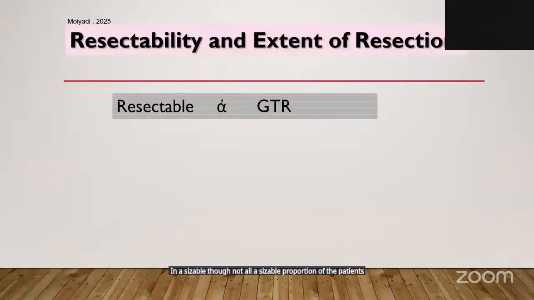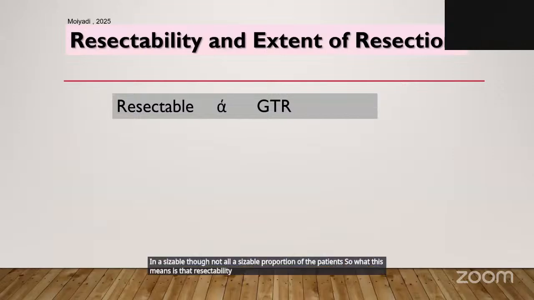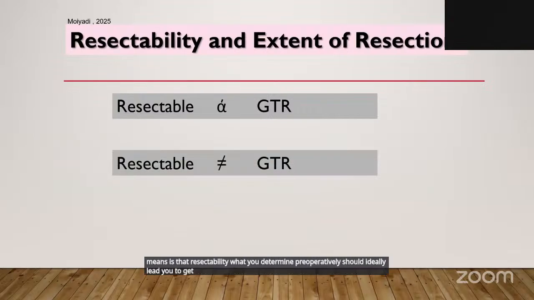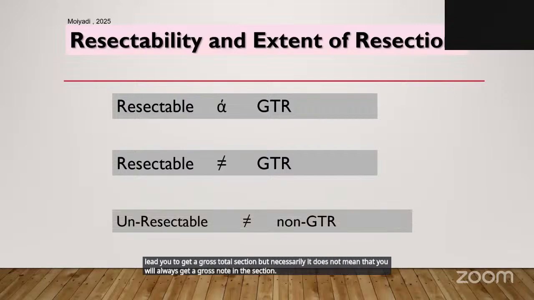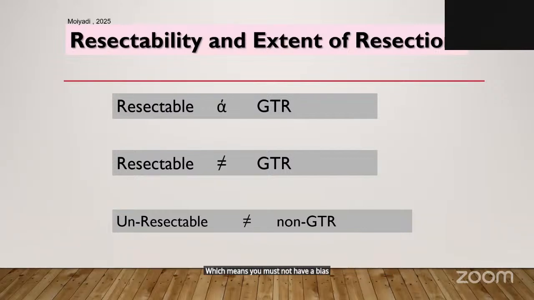So what this means is that resectability, what you determine preoperatively, should ideally lead you to get a gross total resection, but it does not necessarily mean that you will always get a gross total resection. On the other hand, the corollary is that when you think it's unresectable, it does not necessarily mean that you will not get a gross total resection, which means you must not have a bias that this is going to be difficult to resect or unresectable.